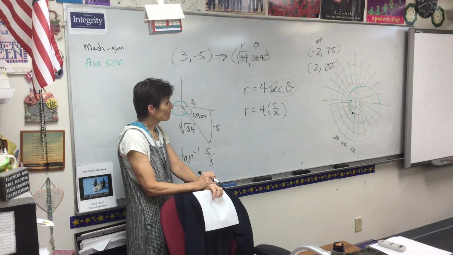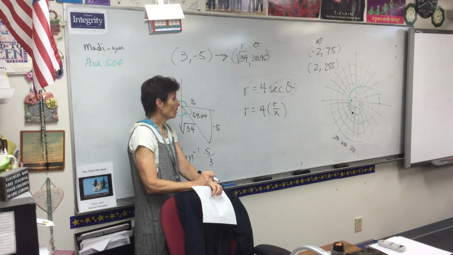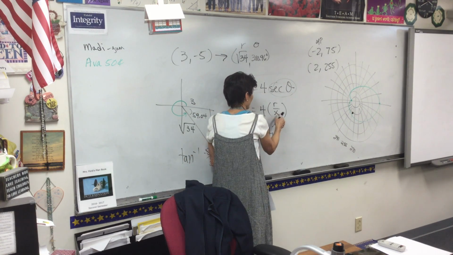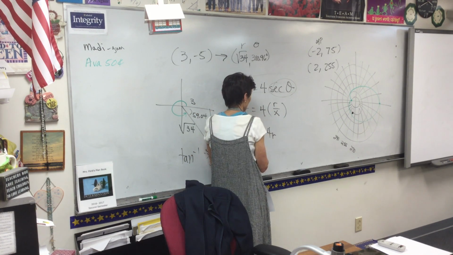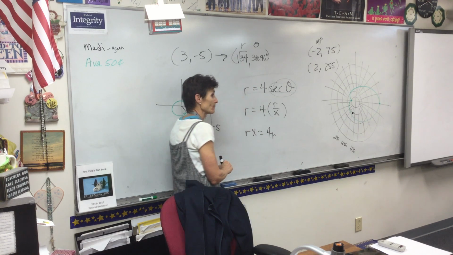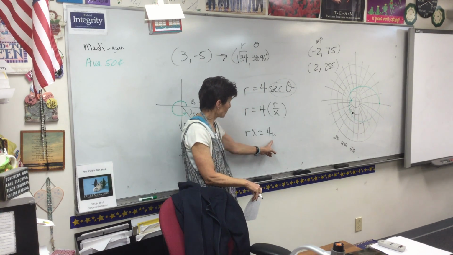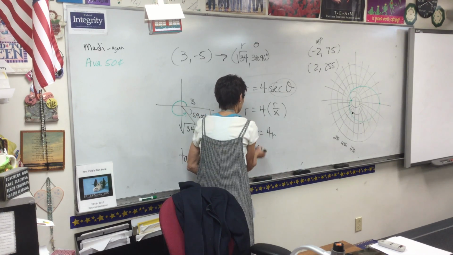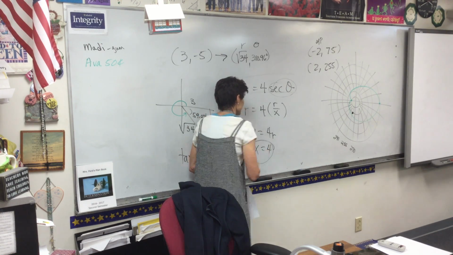Then what? Multiply by x to get rid of the fraction. So multiply whatever the denominator is. Happens to be x this time. What do you notice about this equation? There's an r on both sides, so x equals 4 is your answer.